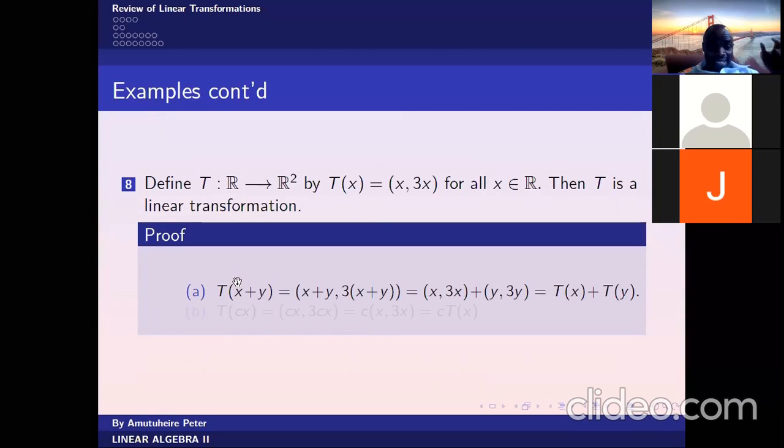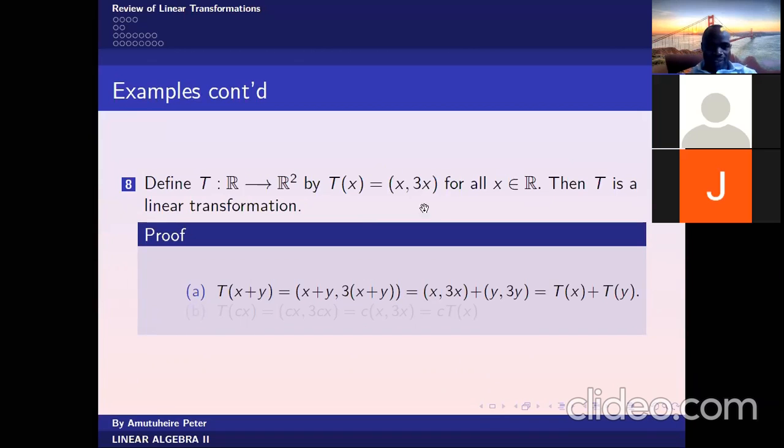The first property is A. Of course, we let x and y be vectors in R. Then T(x plus y) is going to be, according to this definition, when we give it a vector x it returns x and then 3x. So T(x plus y) is (x plus y, 3(x plus y)).